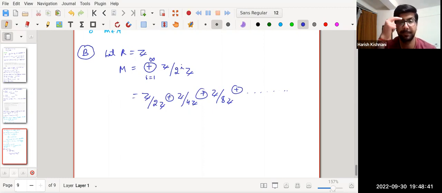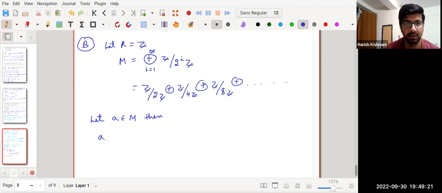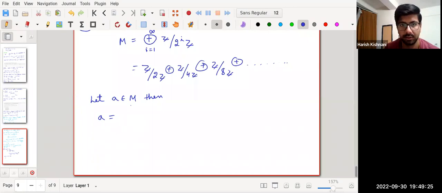Now we need to say that this is 0. So let some element a belong to M. Now if a is inside M, then a is like this: (a_1 + 2Z) plus up to (a_k + 2^k Z), and then you have 0, 0, and so on, 0 everywhere.